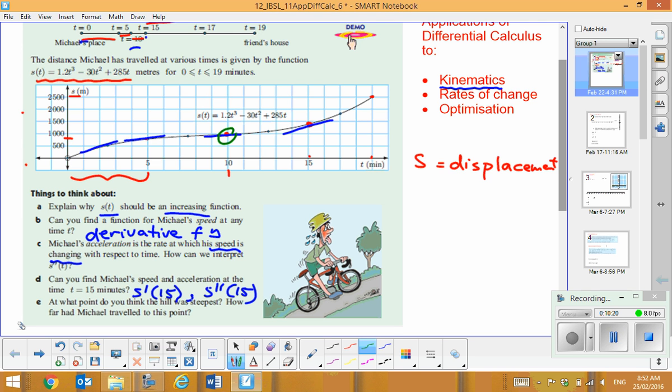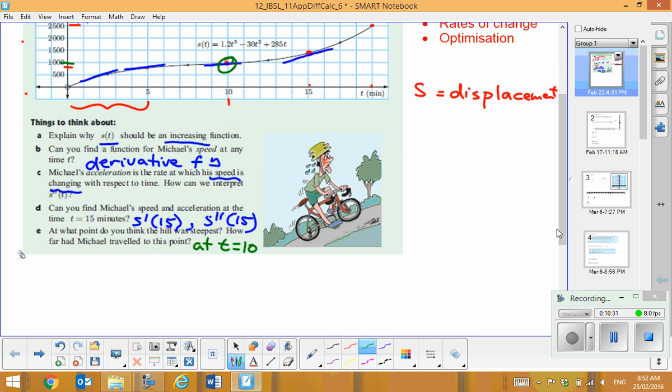With the graph, the area on the graph would be the total. We'll get there at t equals 10, and his displacement at 10 was 1,000 metres, 1 kilometre.